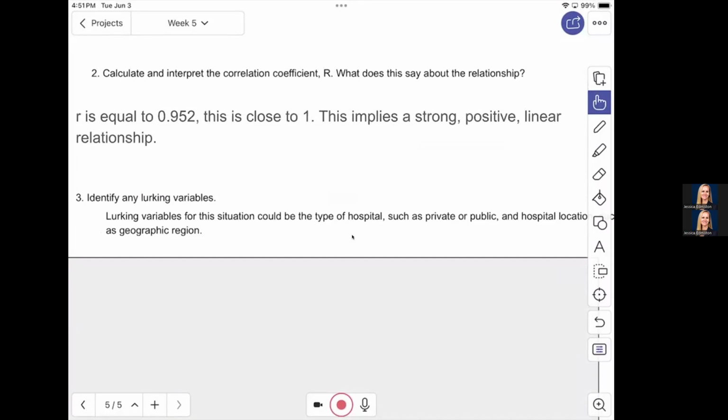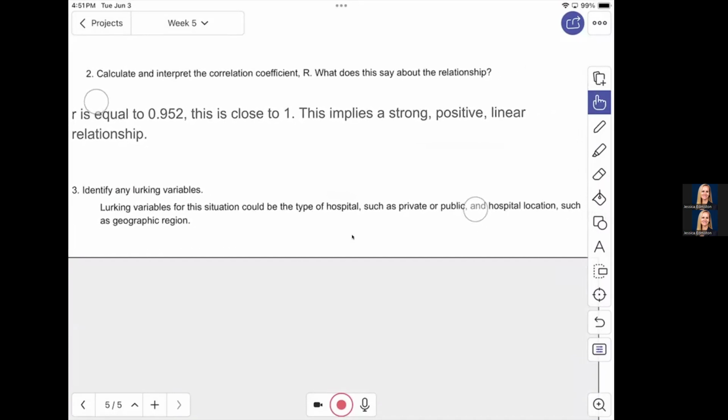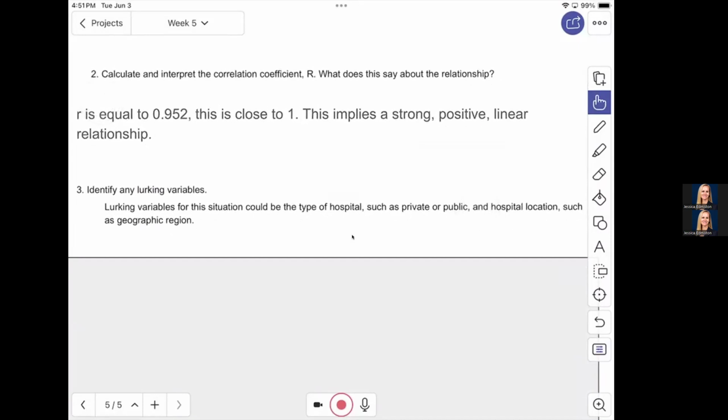Maybe it's private versus public. Possibly the hospital location could matter, such as geographic region. Is it in a populous city, or is it somewhere that doesn't have as many people? And so that could definitely be considered lurking variables in this situation.